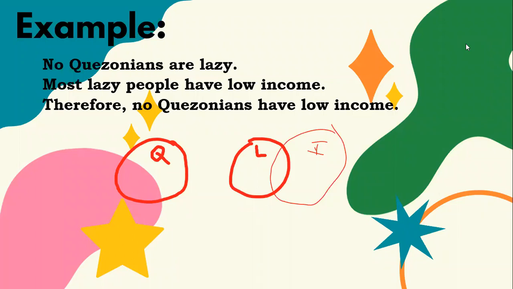Is having a low income any more related with Quezonians? If that will be the case. Di ba kaya nga sabi natin sa categorical syllogism, ma-establish natin yung relationship. So kailangan natin mapakita dito na having low income is not only related to lazy people, but is also related to Quezonians.